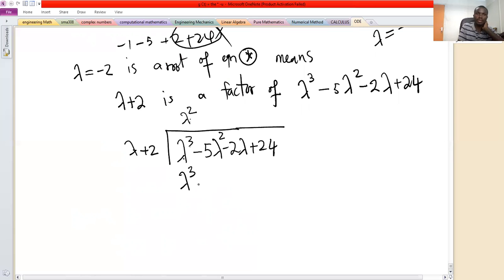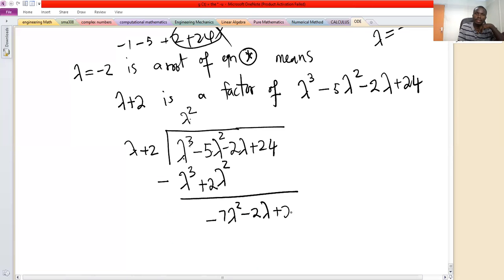Lambda squared times 2 is 2 lambda squared. And then you subtract in the usual way. Lambda cubed minus lambda cubed is 0. Minus 5 lambda squared minus 2 lambda squared is minus 7 lambda squared. Then you bring down this minus 2 lambda, then plus 24.